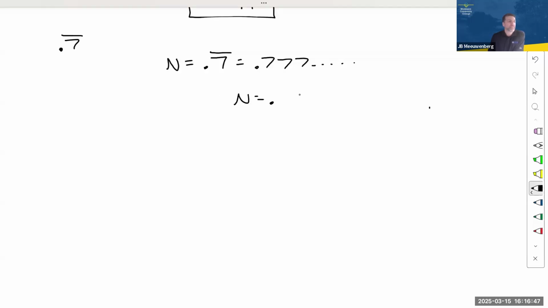So n is equal to 0.7777, and if I multiply it by 10, it's going to shift this decimal over one spot.